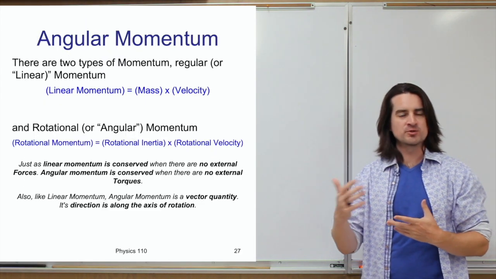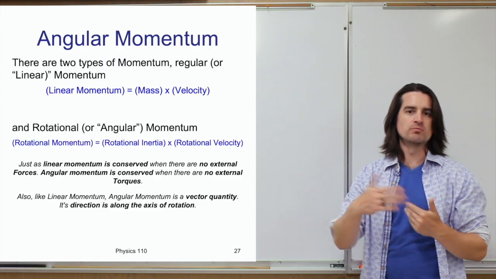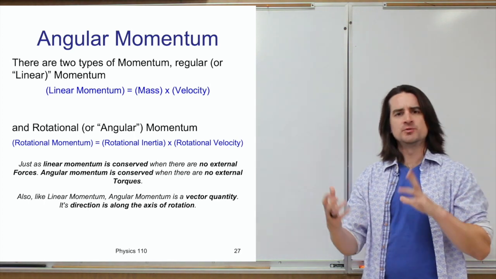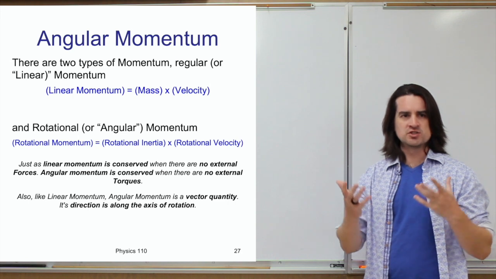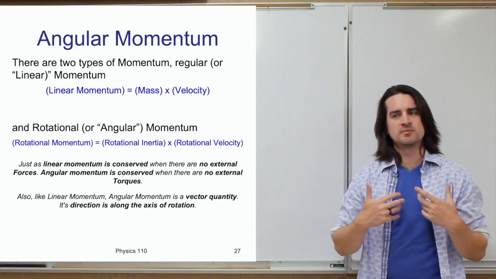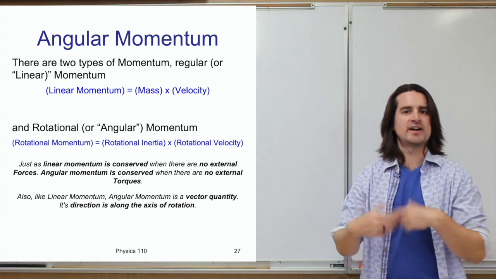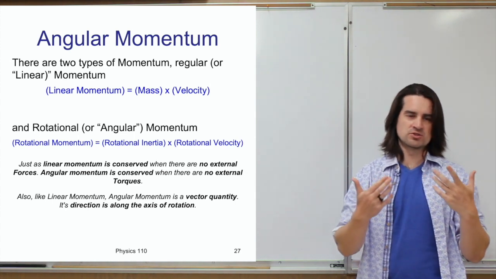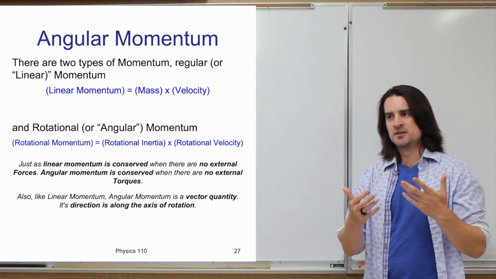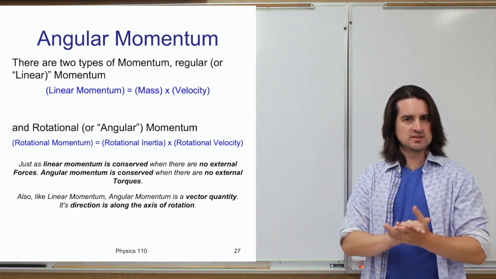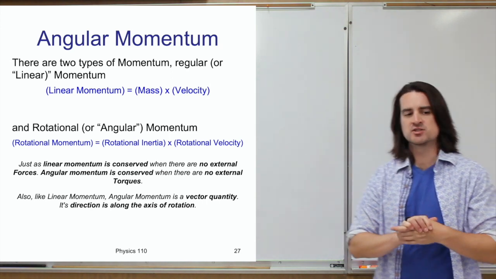The final thing we're going to talk about for rotation is the analogous thing to momentum. Right, so the whole last lecture, or maybe two lectures ago, we talked about momentum, which is just the quality of an object because it's in motion. So if an object has mass and it's in motion, then it has momentum. And we also saw that if you want to change an object's momentum, then you need to act with an impulse on that object.